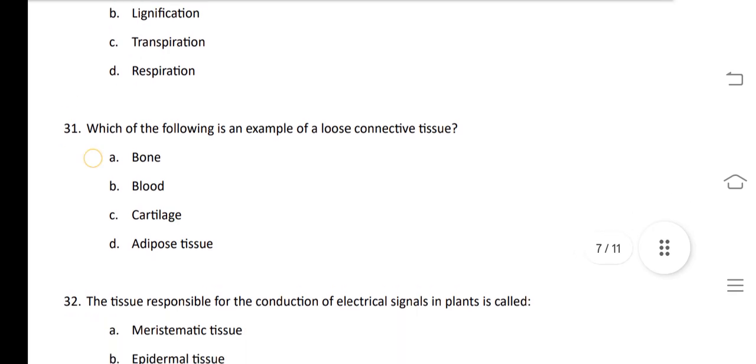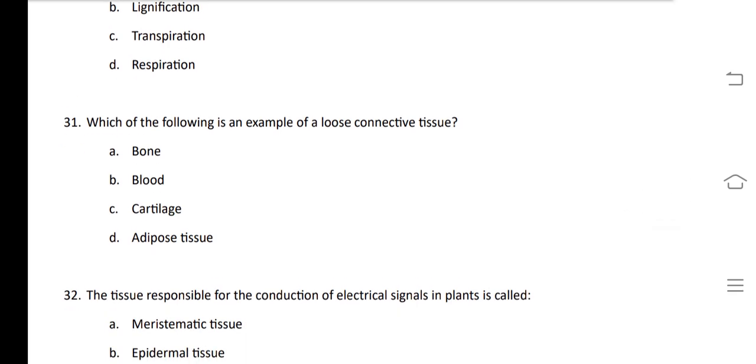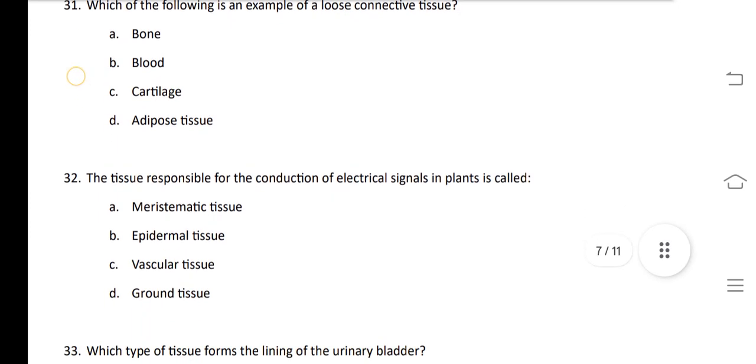So our next question is, which of the following is an example of loose connective tissue? Loose connective tissue is our blood. So the answer of 31st is option B.